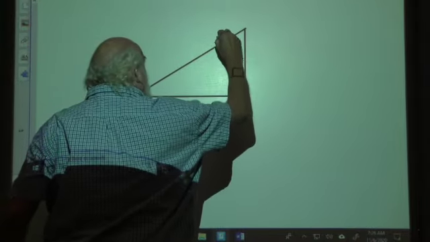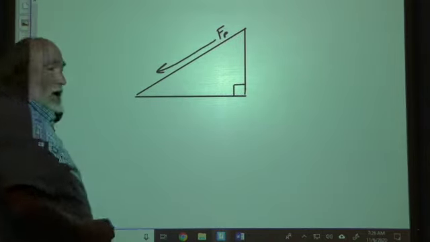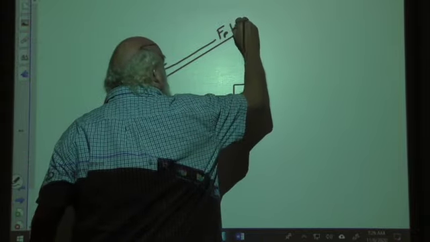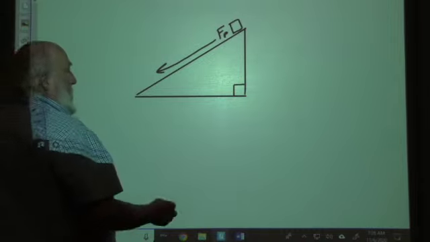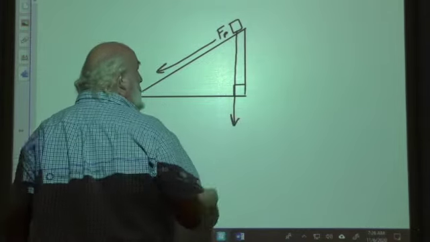So the force that is parallel to the surface is going to slide down. But what's also happening to this object, and I'll put this right here as the crate or box that we're dealing with, is that it's being pulled towards the center of the Earth.